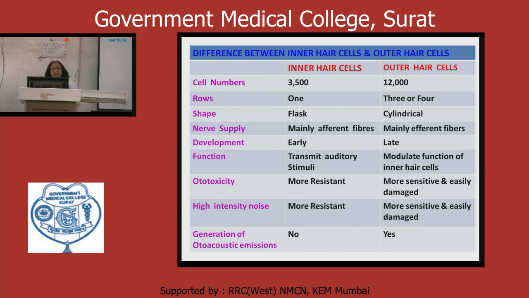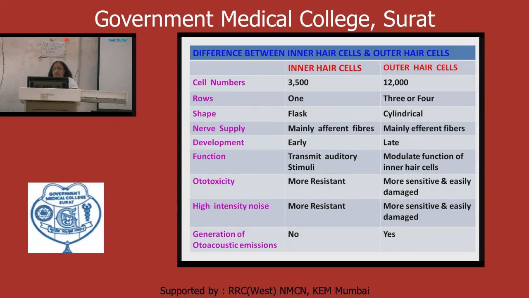The nerve supply of the inner hair cells is mainly afferent fibers, while the nerve supply of the outer hair cells is mainly efferent fibers. Development of the inner hair cells is earlier, while development of the outer hair cells is later on. The function of the inner hair cells is to transmit the auditory stimuli.